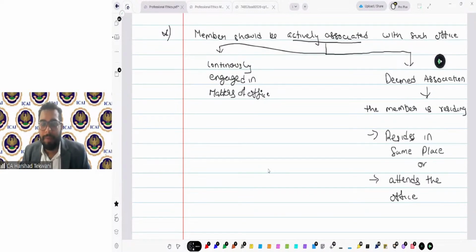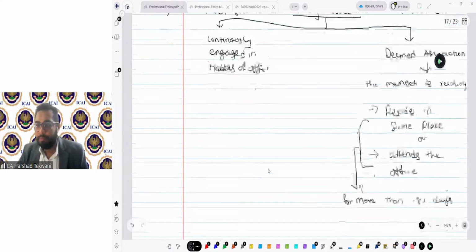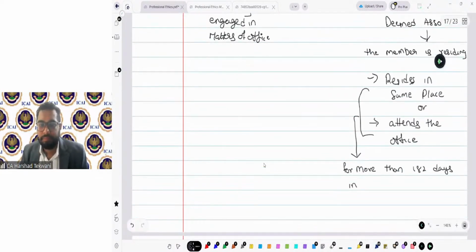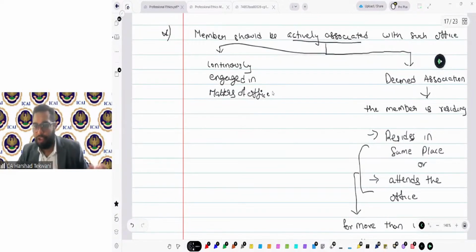Both are for more than 182 days in a year. If that is the case, then I can call this deemed association or active association.